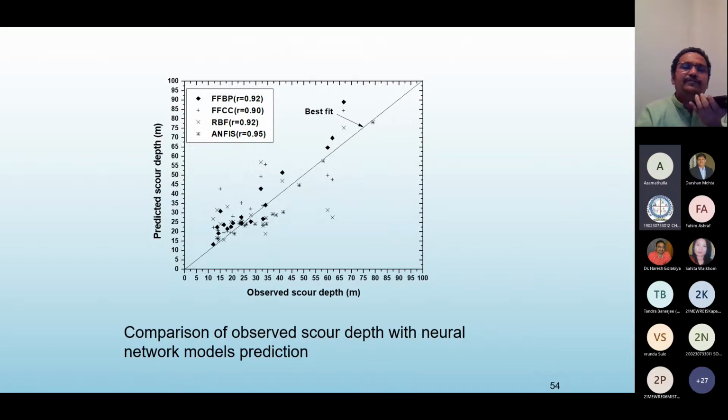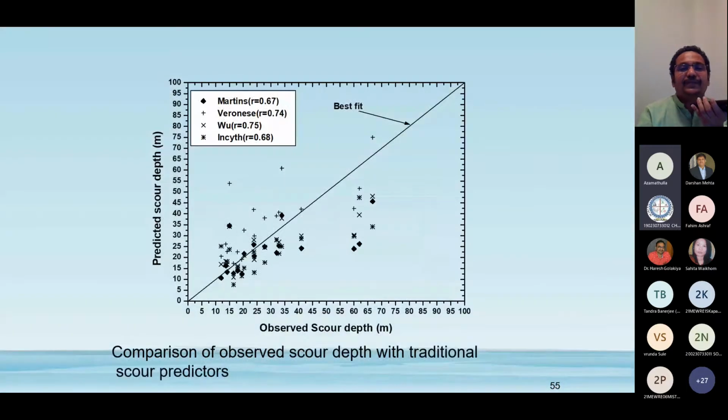This one is the radial basis function. I'm showing only three or four here. You can see almost all are not bad, still acceptable, but some either under-predict or there are some outliers. Next please.